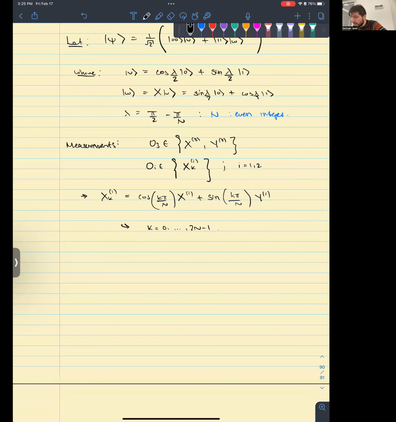So how can you think of these observables? You can think of these as rotated Pauli operators.